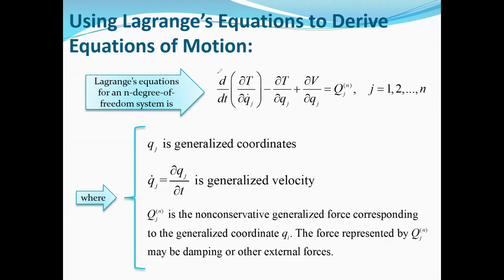But here in the Lagrange equation, you don't need to consider the directions, and easily you can calculate the kinetic and potential energy and substitute into this equation and extract the equation of motion easily without any assumption. And usually Newton's second law will be more complicated than the energy methods. Okay, so you will see later in the examples that most of the time we prefer to use this equation to extract the equation of motion.